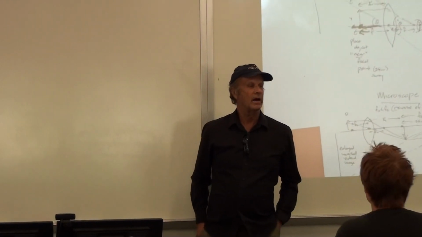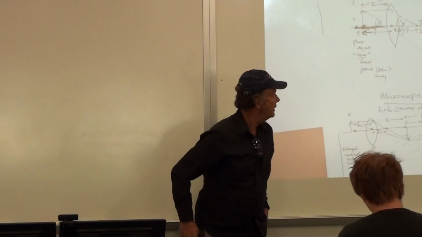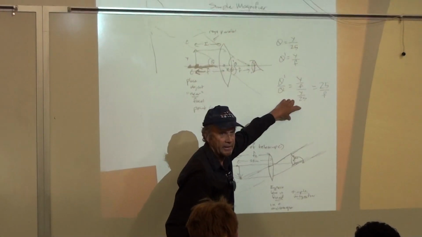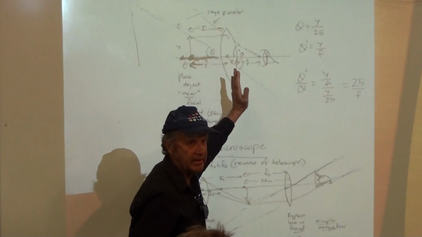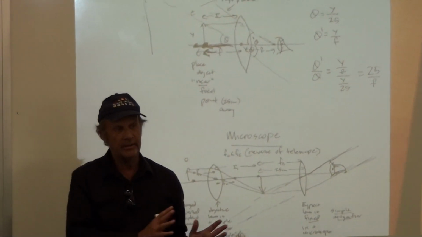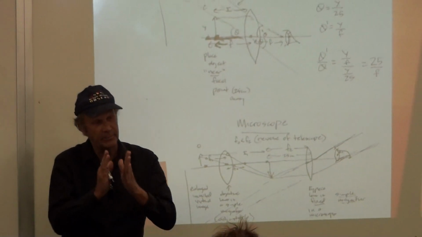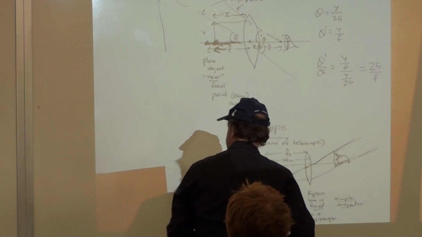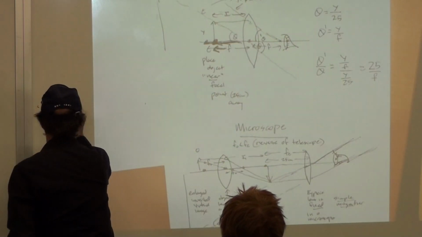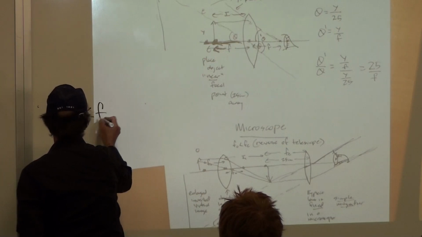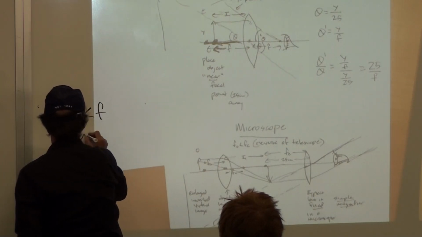Because it can't be right on f, or then these rays truly will be parallel. But it's close to being parallel. And so it's just inside of the focal point. So that was the point in the telescope too. You wanted the image from the objective lens to be just inside the focal point, because we know that if the object distance is less than f, we get a virtual image.